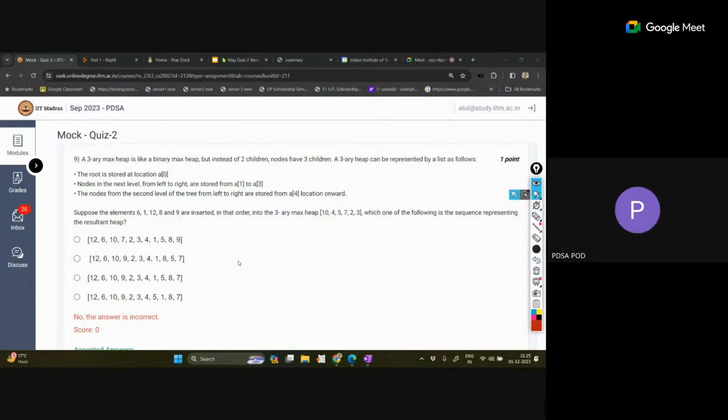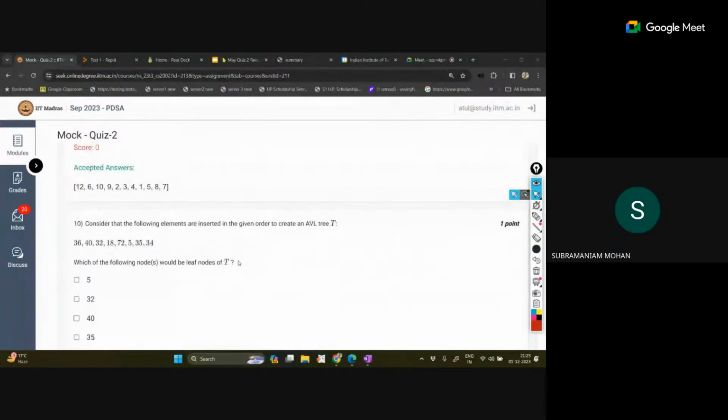Next one is: if it is a min heap, can it be directly reversed? We will follow the same rule, the same process, but we will look at the relation in the reverse manner. Parent should be smaller every time. The root will become the minimum. That depends on what problem is given.